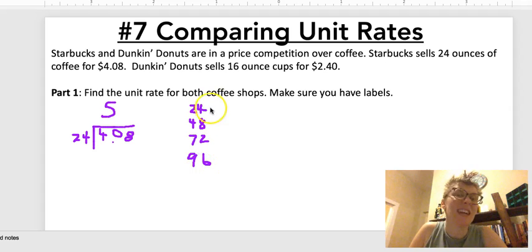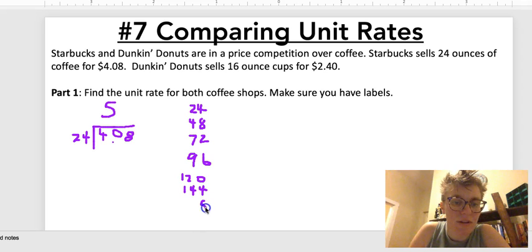So I want you guys to copy these down. But normally when you do this, you should be really taking your time to either add or multiply each different multiple as you go. This one's going to be 120. The next one's going to be 144, because 120 plus 24 is 144. 4 plus 4 is 8, 4 plus 2 is 6. 168.